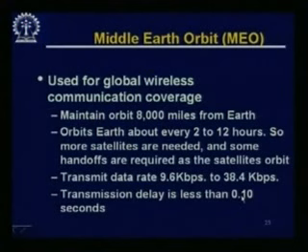Then we come to middle earth orbit, or MEO, satellites. These are used for global wireless communication coverage, and maintain an orbit about 8,000 miles from earth. The moment you come out of the geostationary orbit, the satellite cannot remain stationary over somebody's head any longer.